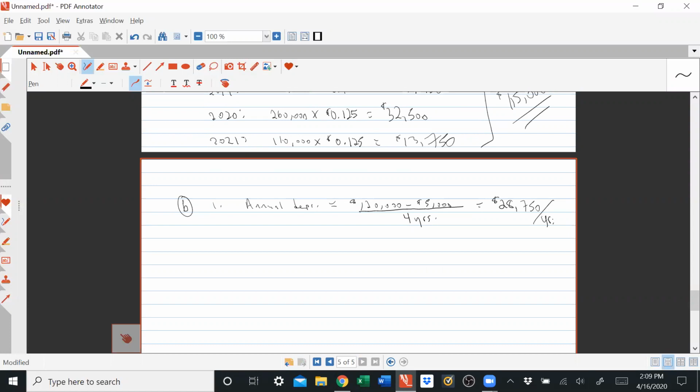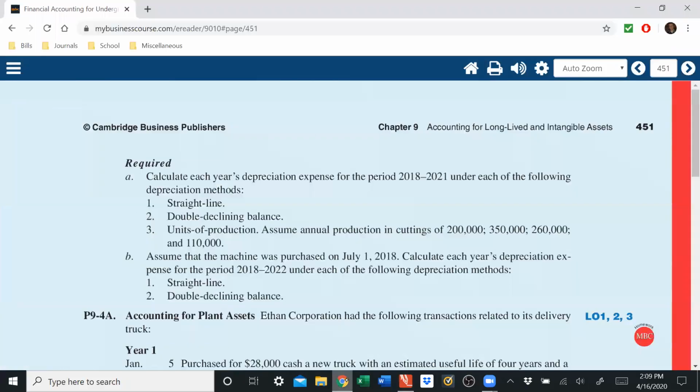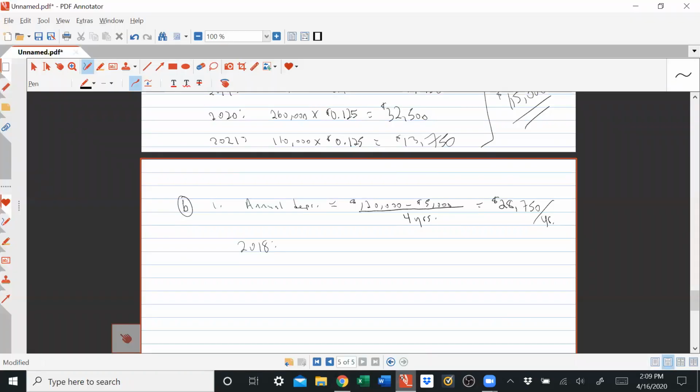Per 12-month period, that's the depreciation. However, 2018 depreciation, only half of 2018, because we didn't have the asset in January. We had it as of July 1st. So we only have to recognize half of a year for 2018, July 1st, 2018 through December 31st, 2018.